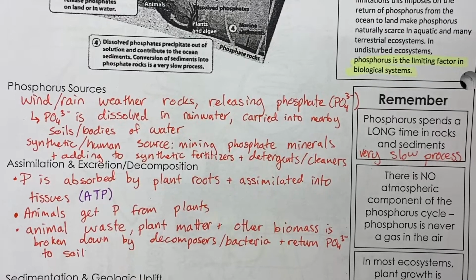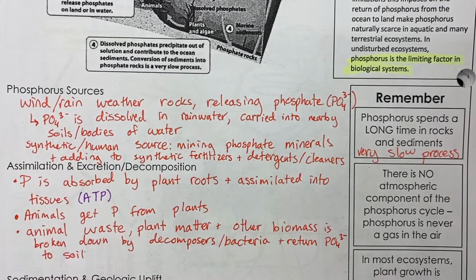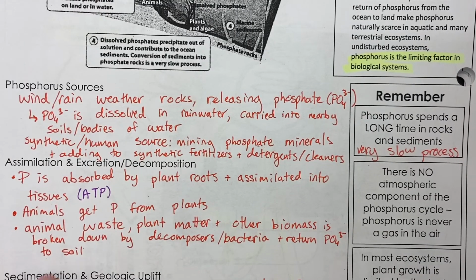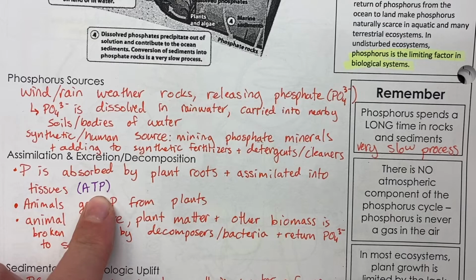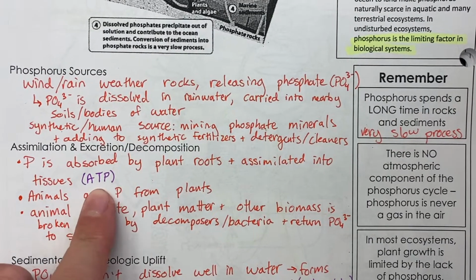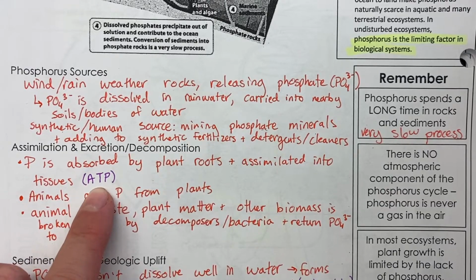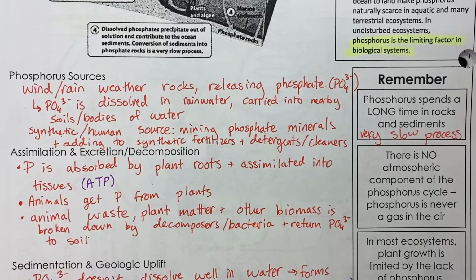Assimilation means taking up this compound. So phosphorus is absorbed by plant roots and assimilated into tissues. The main reason we need phosphorus in our bodies is for the molecule ATP, which if you've taken biology, you will remember is how our bodies store chemical energy for us to use. Animals, again, get phosphorus from plants.